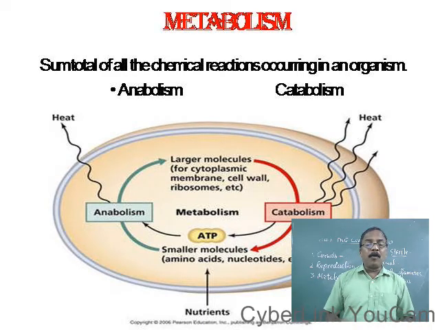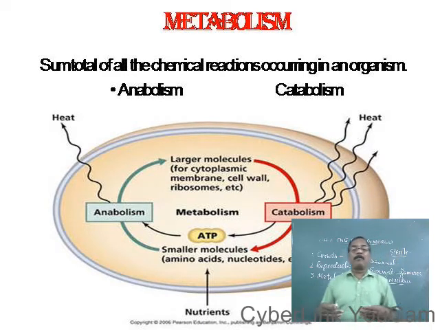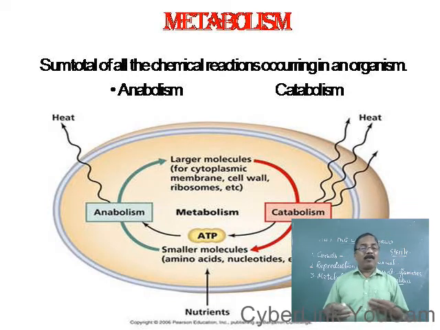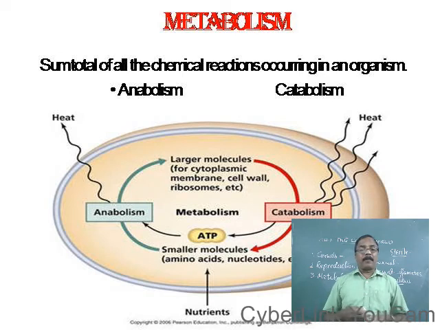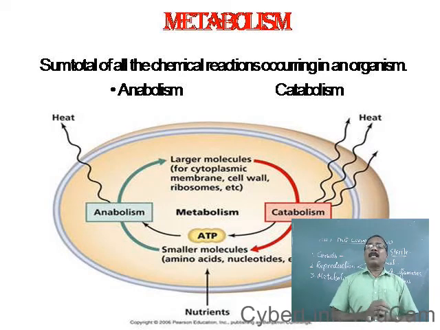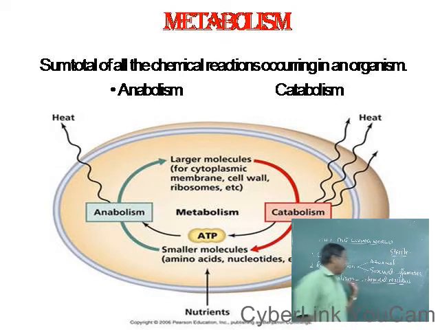And some of these molecules are utilized inside my body in glands and all, where they are used for synthesizing protein for different purposes. So all these are chemical reactions that take place in our body. These reactions together we call metabolic reactions, or metabolism.